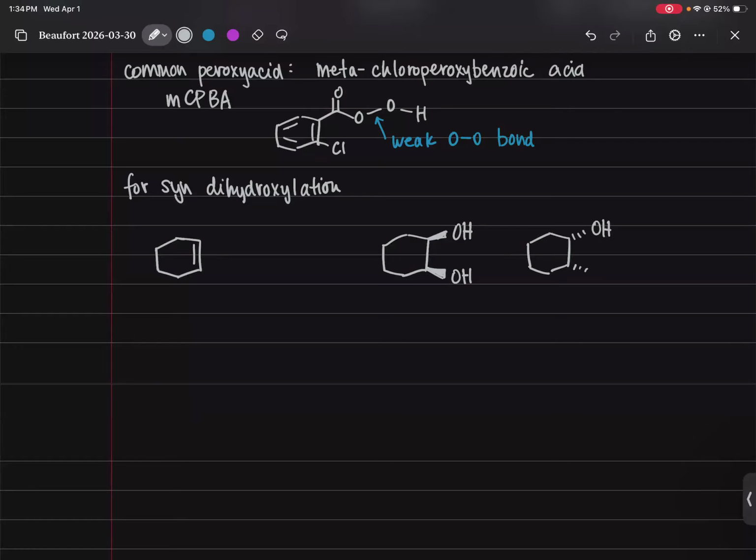For this particular molecule, these are identical, but for other molecules, these might be diastereomers of each other.